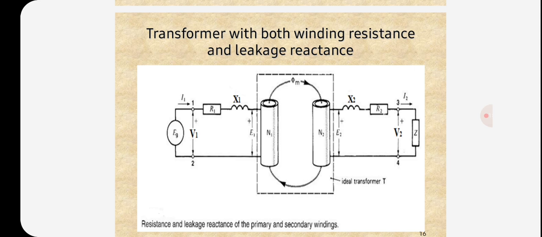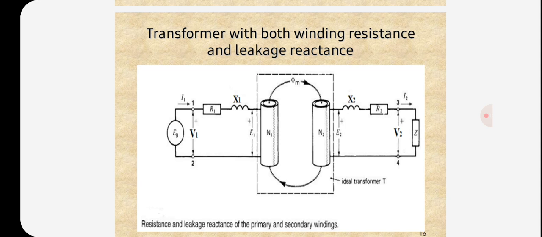So the equivalent leakage reactance referred to secondary, x02, is equal to x2 plus x1 dash, that is equal to x2 plus k square x1.